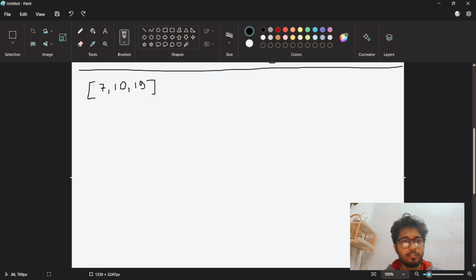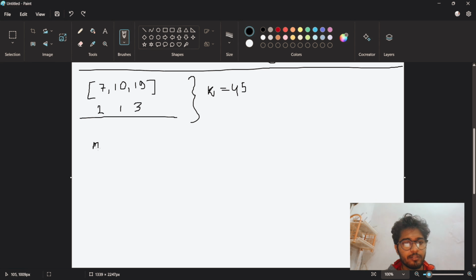So the price of each stock was 7 on the second day, 10 on the first day, and 19 on the third day. Now as this is perfectly sorted, we have to find the maximum number of stocks a customer can buy with our balance amount.